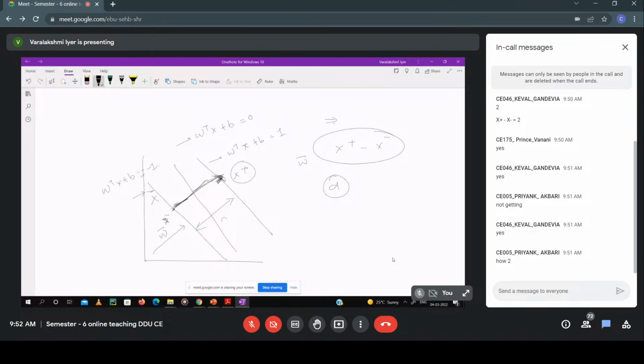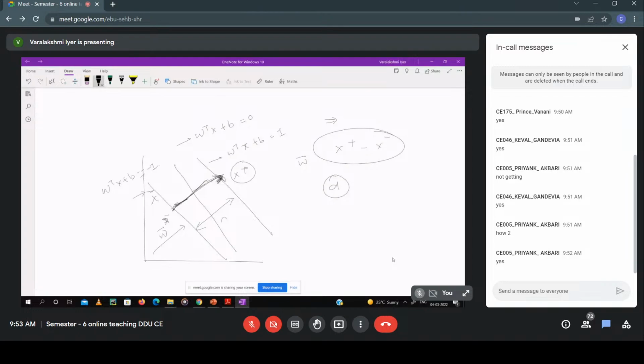So can you say that w transpose x positive plus b is equal to 1 and w transpose x negative plus b is equal to -1? Because x positive satisfies this equation and x negative satisfies this equation. Now if you try x negative minus x positive, I forgot to mention one point: you have to take the mod of this, so it will give you positive results only.